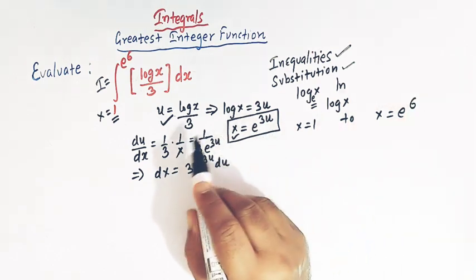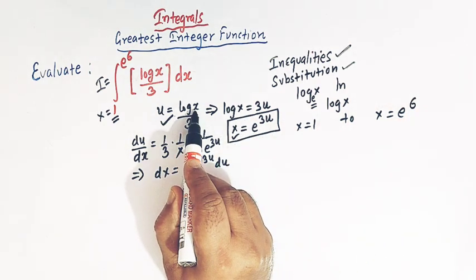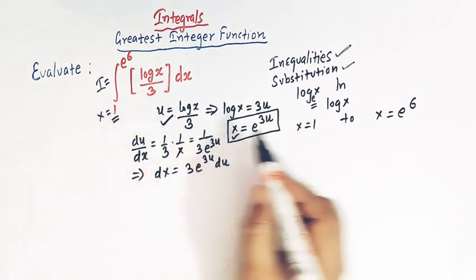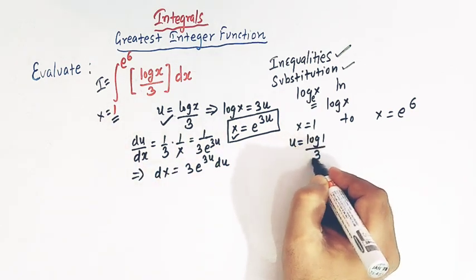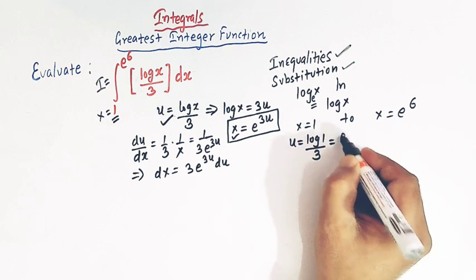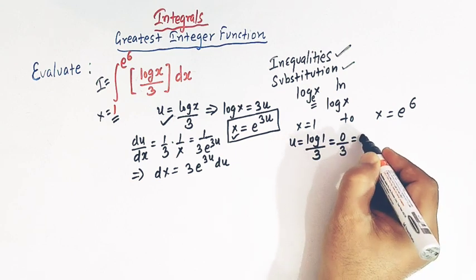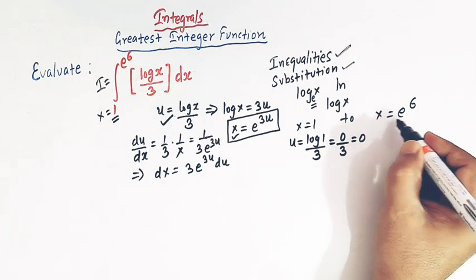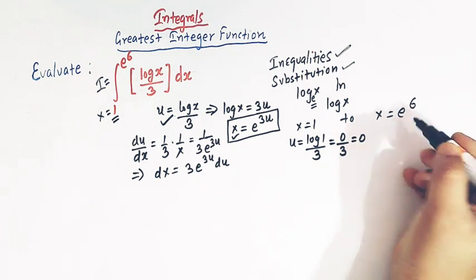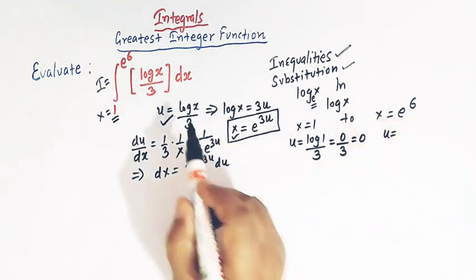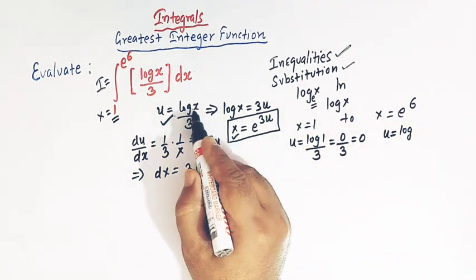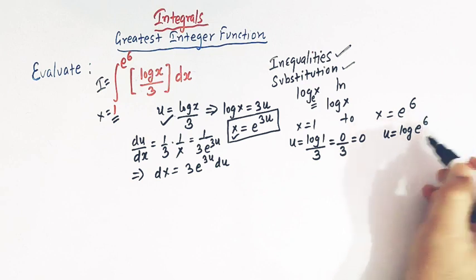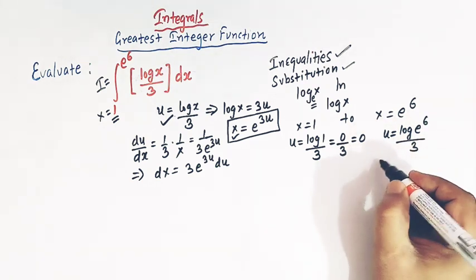When x is 1, we have u equal to log of 1 divided by 3. Log of 1 is 0, so u is 0 over 3, that is 0. And when x is equal to e raised to 6, the value of u is obtained as log of e raised to 6, divided by 3.